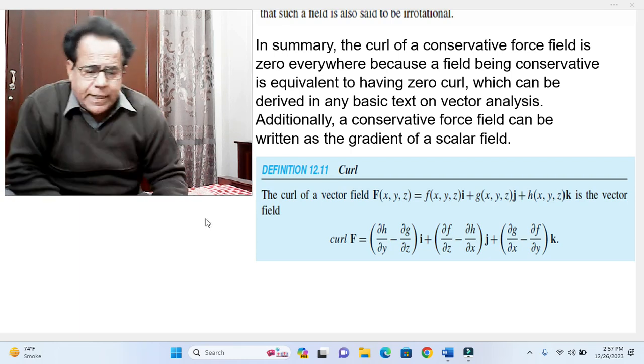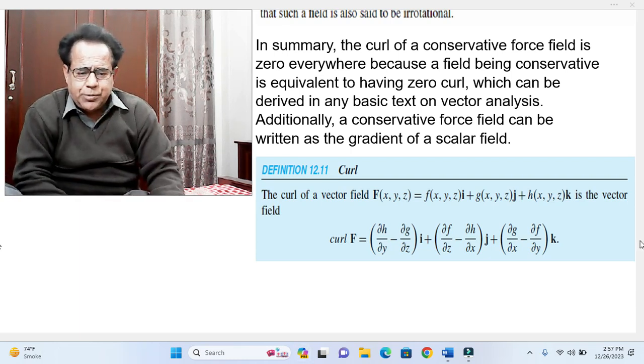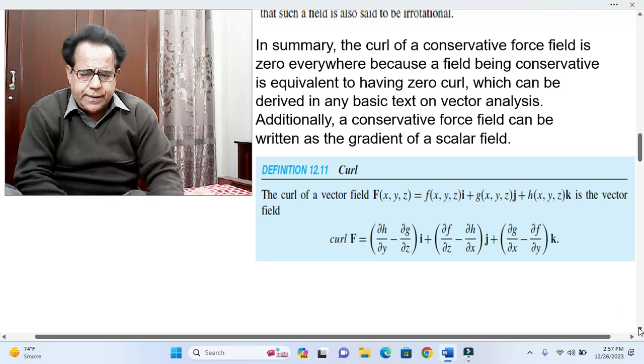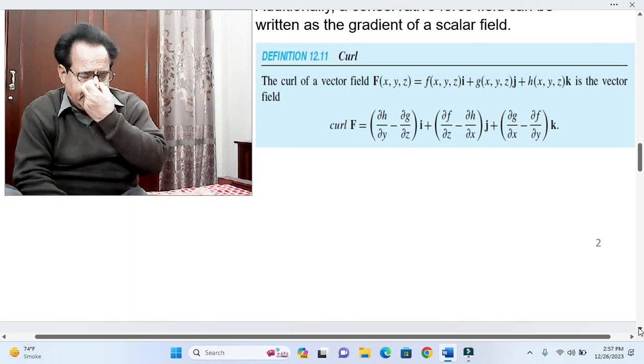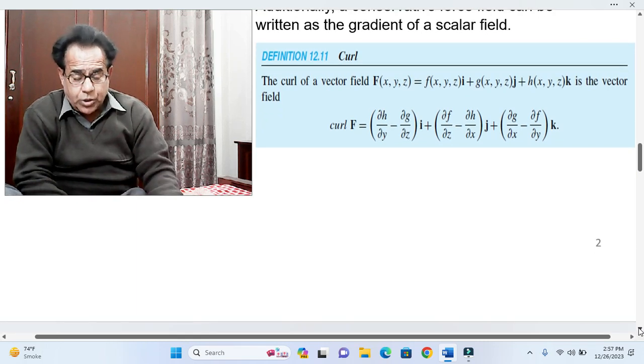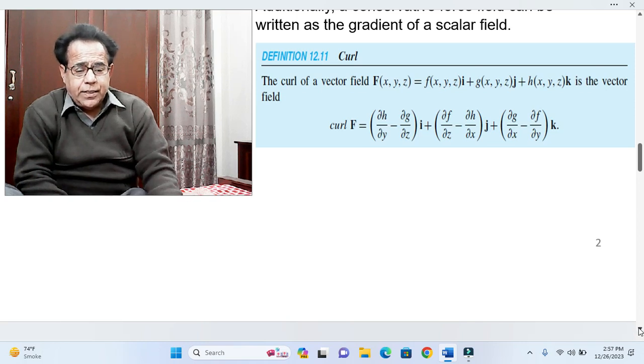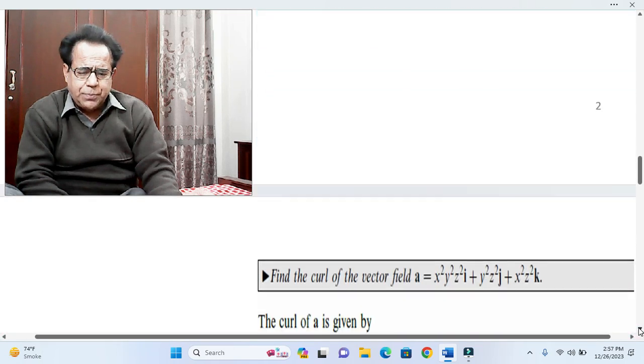Next snapshot: some further detail about curl is given. We will not discuss this snapshot in detail. We have just included it in our problem as a means to recapitulate our previous understanding.